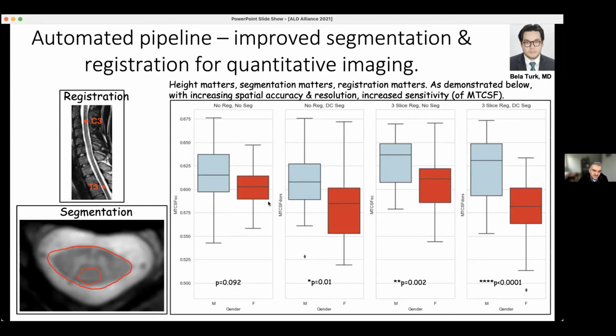And this is just a demonstration of how different analysis methods change the sensitivity of detecting differences. Here is a more rudimentary type of analysis, and here is a more sophisticated type of analysis of the same images.